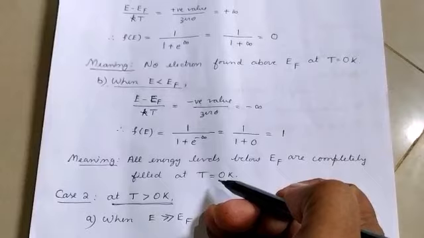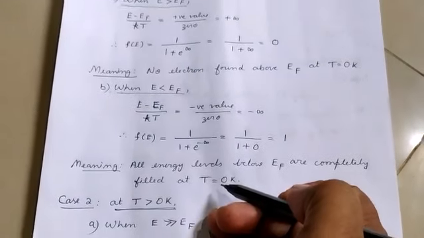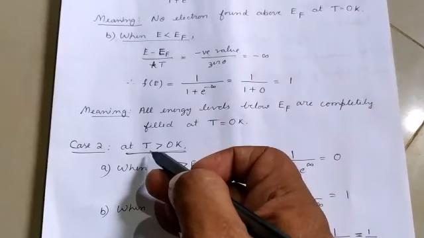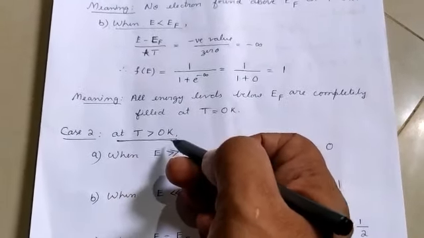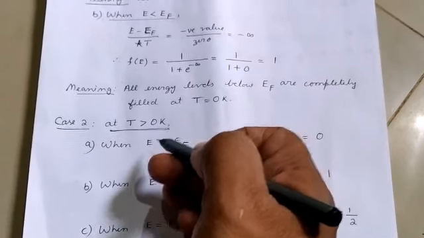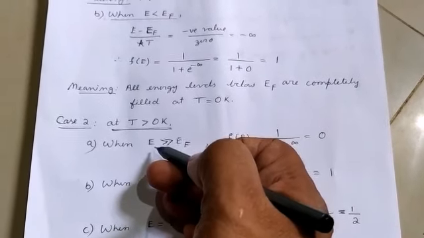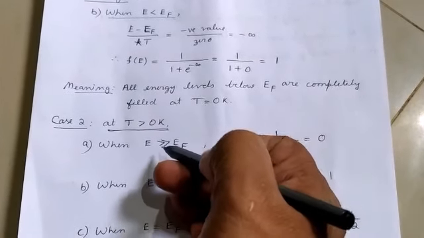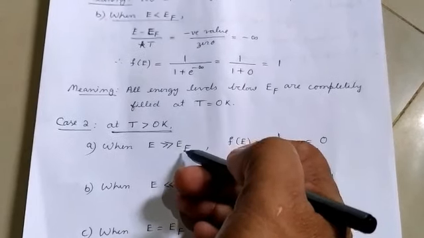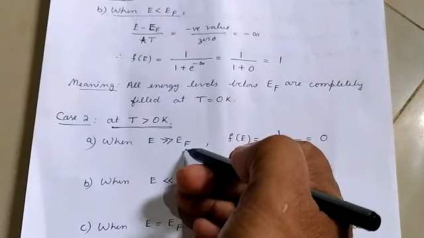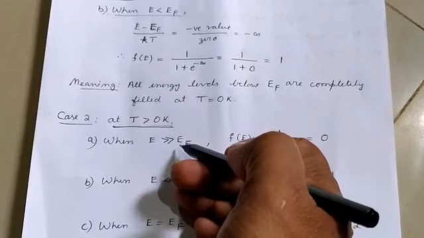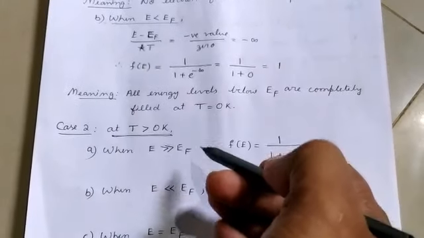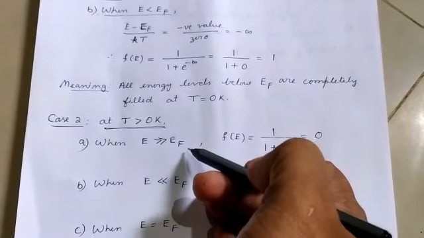Now suppose we take the temperature of the metal above 0 Kelvin. What will happen to the probability distribution function? Let us take the second case now. The temperature is greater than 0 Kelvin. Again I will take sub cases. When E is very much greater than EF, that means I am taking the energy levels far above the Fermi level, we again see that the term (E - EF)/kT becomes plus infinity in this case.